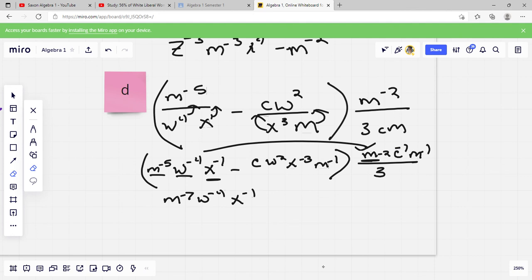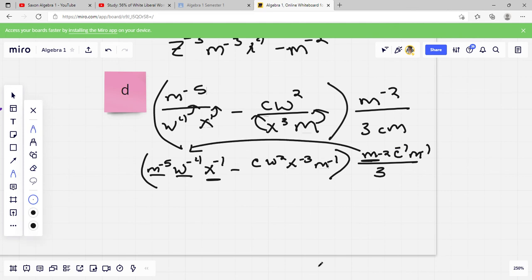Let's do that the other way. You gotta be careful when you're rainbowing. You always think to go from left to right, but really, this one, we're gonna have to go from there to there, right? And then from there to the middle. Alright, so that was m, -7. W, -4. X, -1.